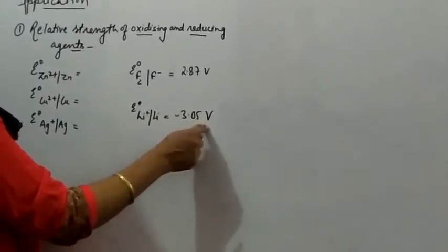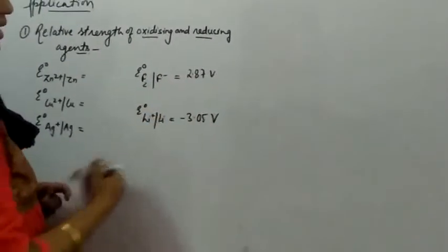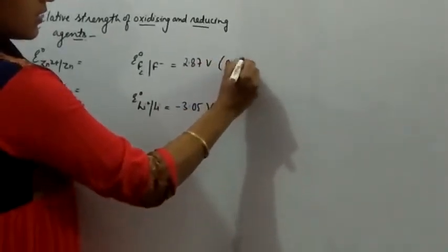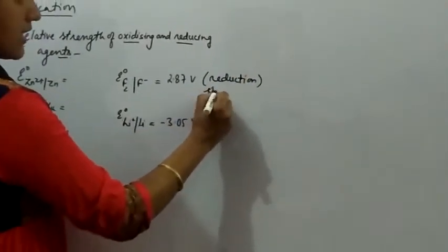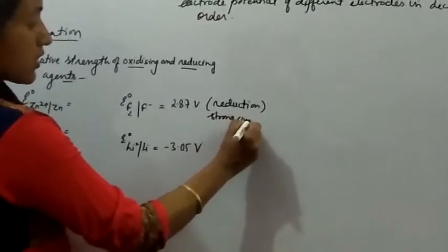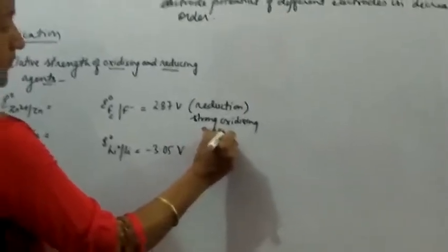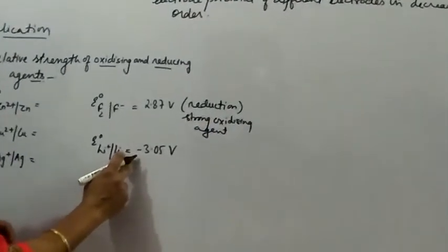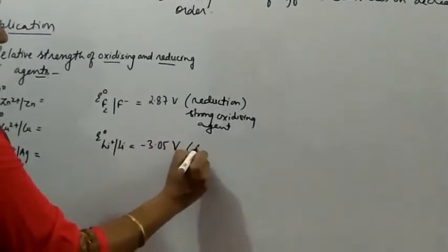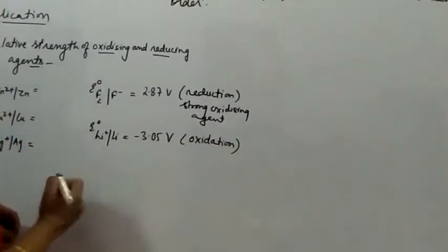So that means fluorine has a positive value, so it has a tendency to show reduction, right? So it will show the reduction, hence it is acting as a strong oxidizing agent, right? And lithium has a negative standard electrode potential. Its tendency is to show the oxidation, right?